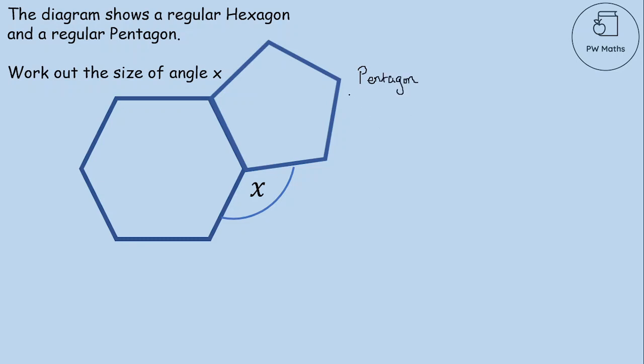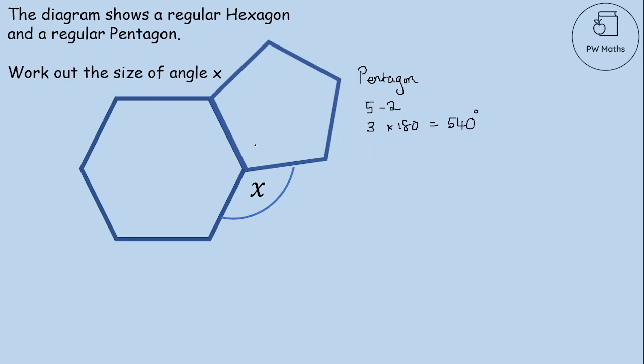We know that a pentagon has 1, 2, 3, 4, 5 sides. So we know it's going to have 2 less triangles. 3 times 180, because that's how many degrees there are in a triangle, means that the total interior degrees of my pentagon is going to be 540.